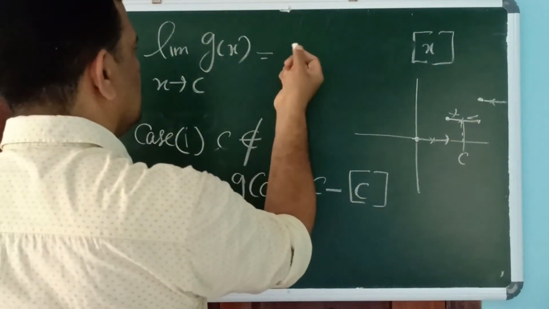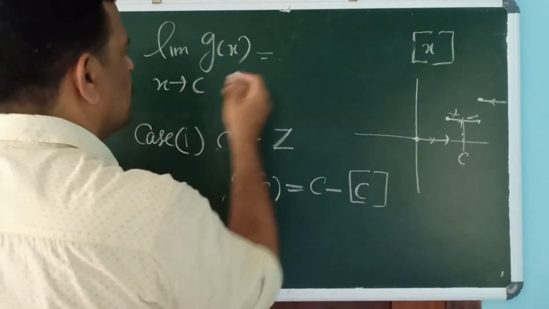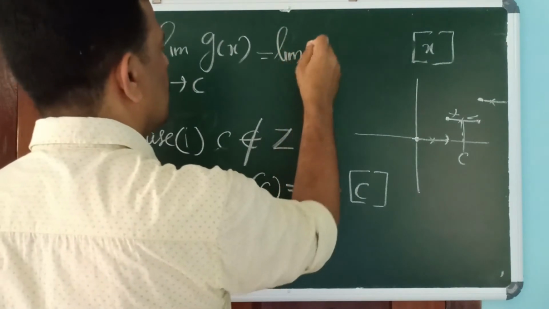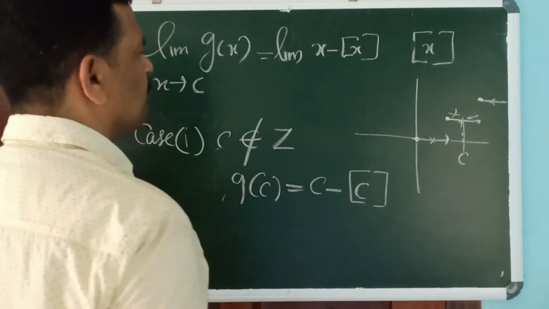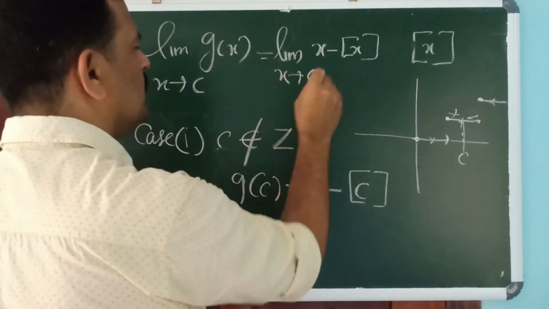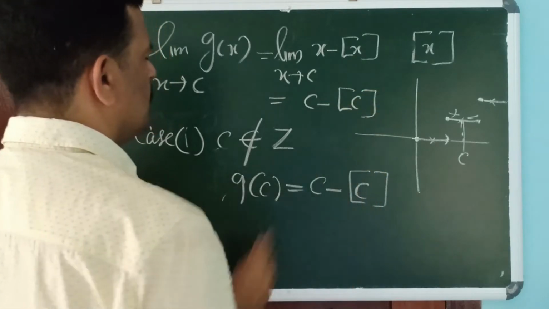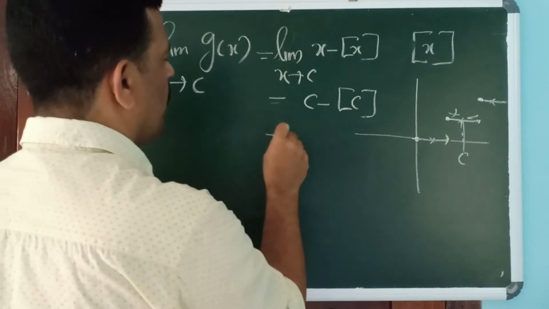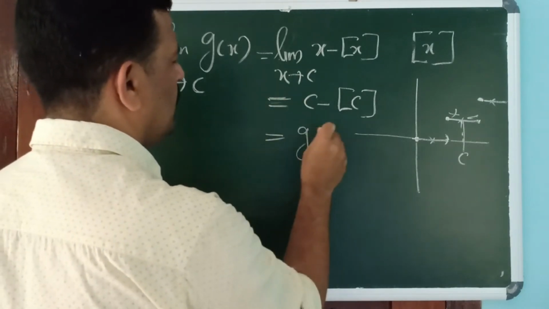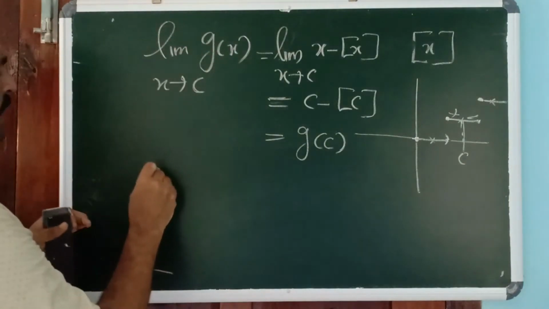That is limit g of x as x tends to C means limit of x minus this function as x tends to C. That means C minus this. So we can see that this is equal to the value of the function at C. The limit is equal to the value. Therefore, g is continuous.